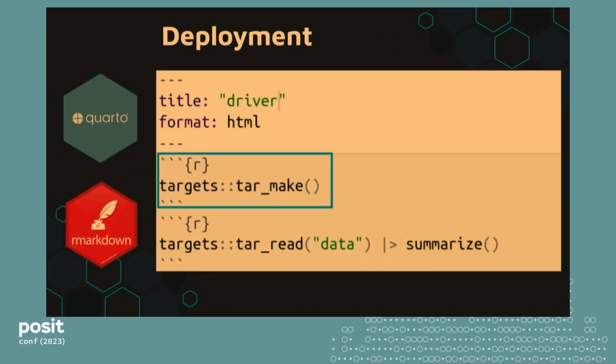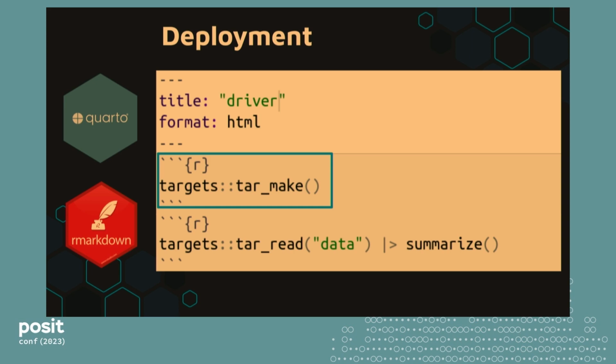For deployment now, it is also very easy. You just set in the Quarto document one line of code, tar_make, and this will trigger the pipeline for you and will do all these nice things. So you can automate it easily in Posit Connect.